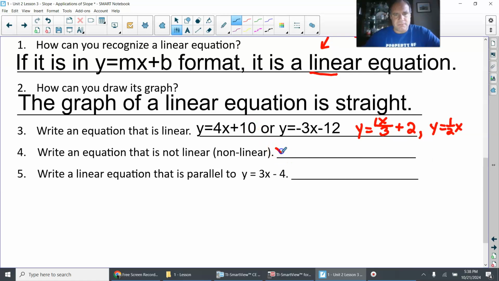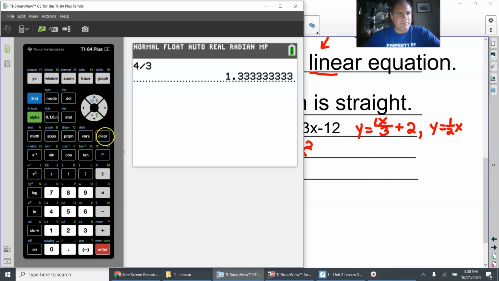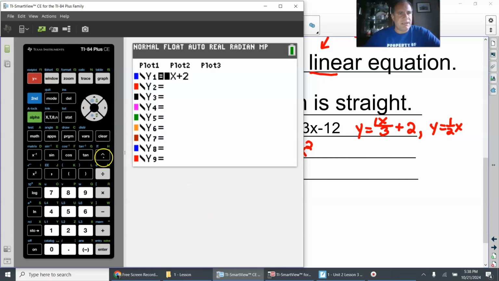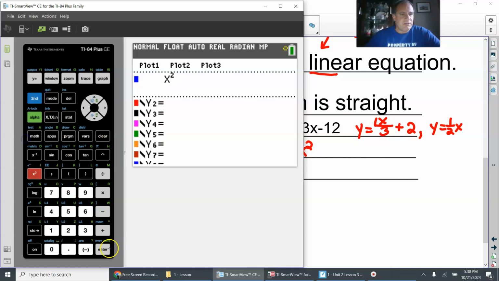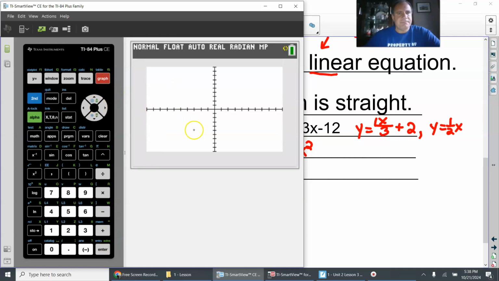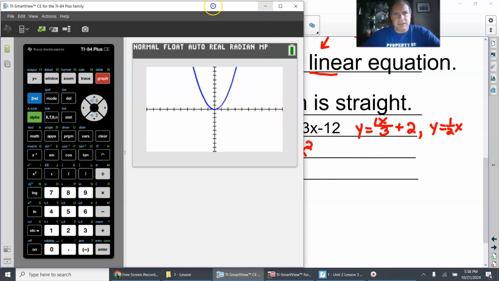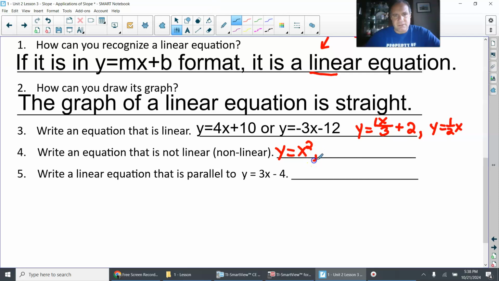So we're going to start off with y equals x squared. Y equals x squared, you take a look at the graphing calculator. If you press y equals, we'll get that out of there, because that is linear. X squared, and we press graph. You could see right now that that is a U shape, and a U shape is nonlinear.